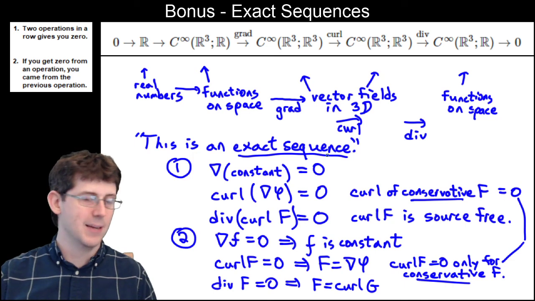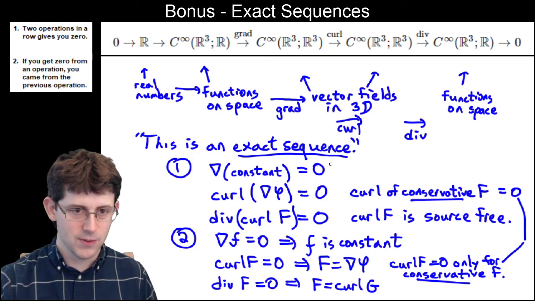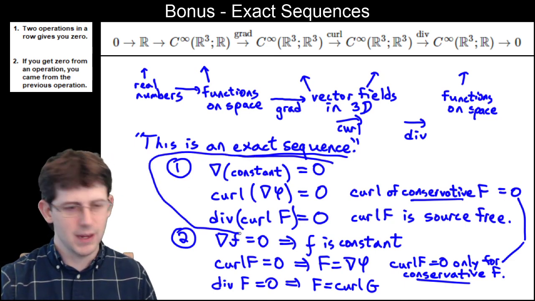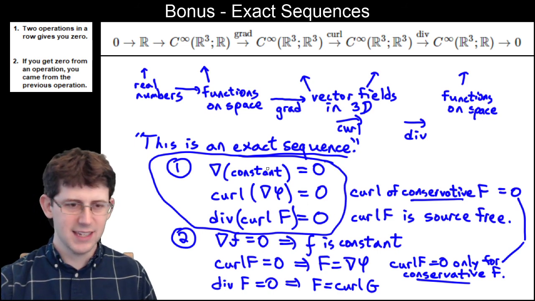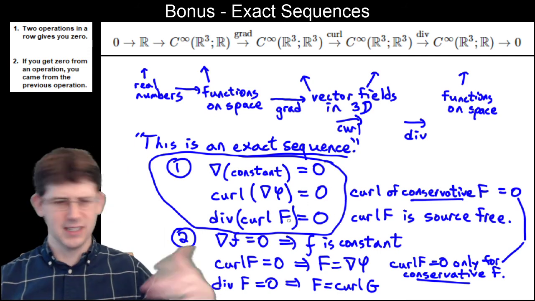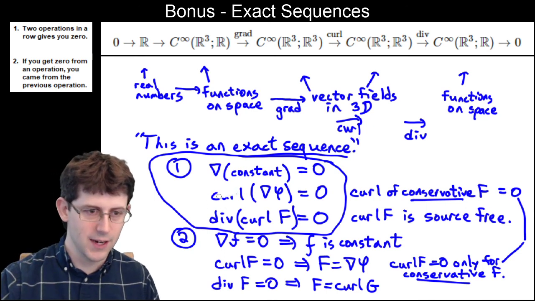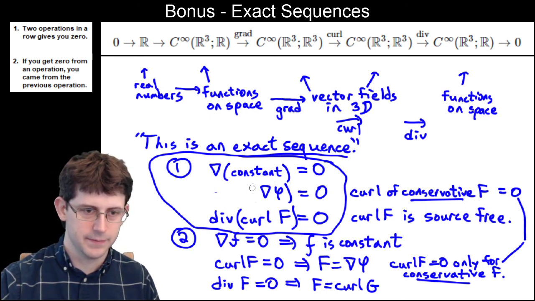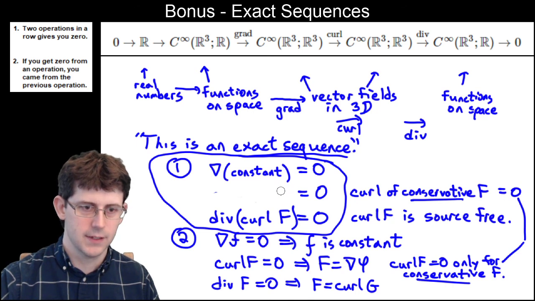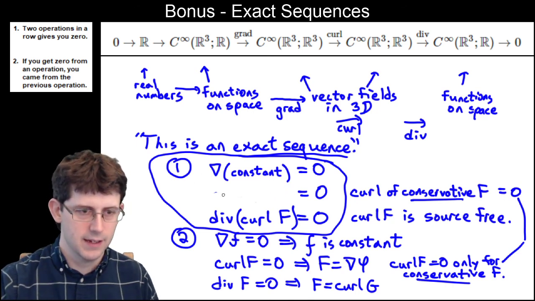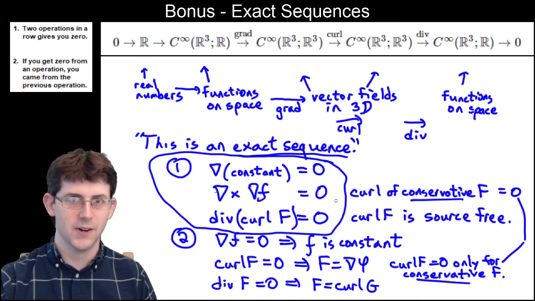Probably not. But if you find yourself in a situation where you need to remember which things are 0, there's all this curl and div, and especially if you start writing curl as del cross. So like you have curl of divergence of f is 0.